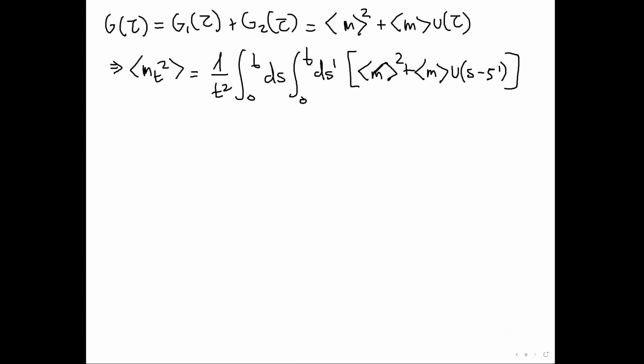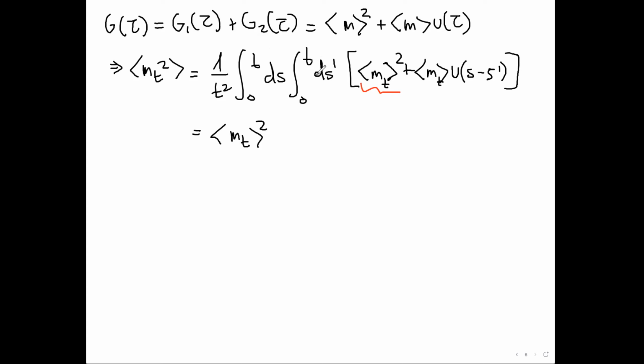The nice thing is this is a constant. It doesn't depend on s prime, so you can take it out of the integral. So you can write all this as m_t squared. The first term is a number that you take out of the integral, and you integrate s from 0 to t, s prime from 0 to t.